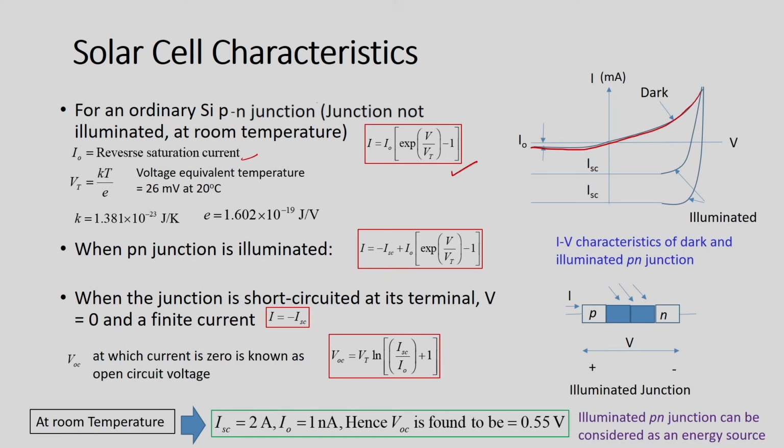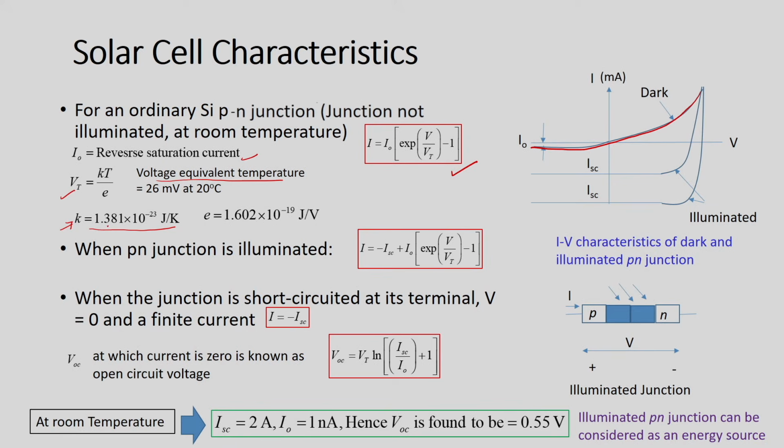Of course, it tells about the diffusion of minority charge carriers from the neutral section to the diffusion layer. And this Vt is called the voltage equivalent of temperature, mathematically represented by K into T divided by E. What is K? It is the Boltzmann constant, which we already discussed in the last class.